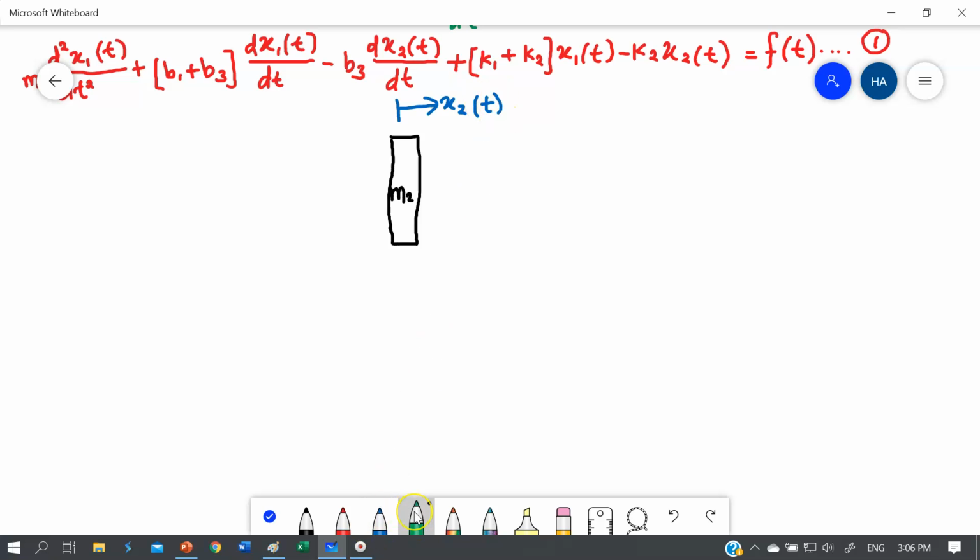Okay. For reaction forces, here we have 1 due to B3, and this time we are modeling M2.